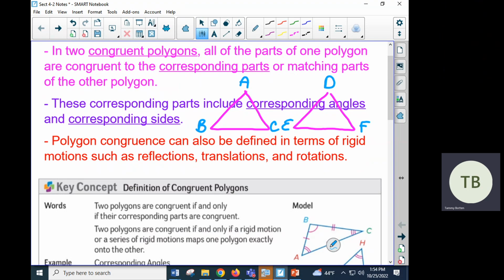If angles A and D are congruent, they'll use one arc. If angle B and E are congruent, they'll use two arcs. And C and F are congruent, they'll use three arcs.